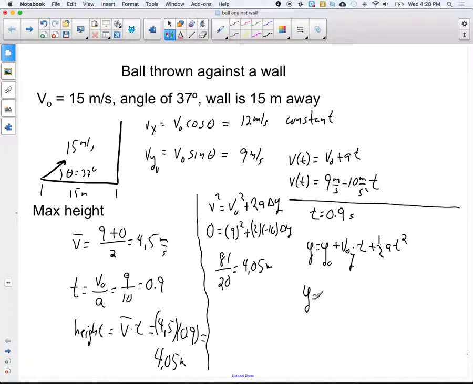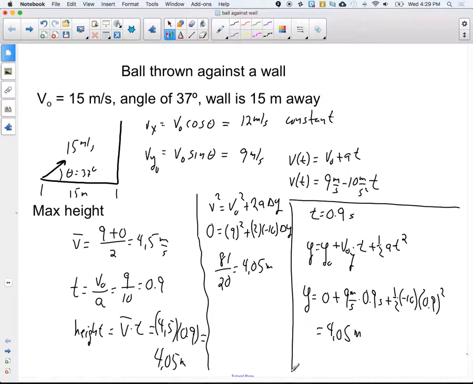Y is equal to, it starts out at the ground, plus 9 meters per second times 0.9 seconds plus 1/2 times minus 10 times 0.9 quantity squared. And if you do that all out, you still get 4.05 meters. And really, you can solve the problem whatever way you'd like.